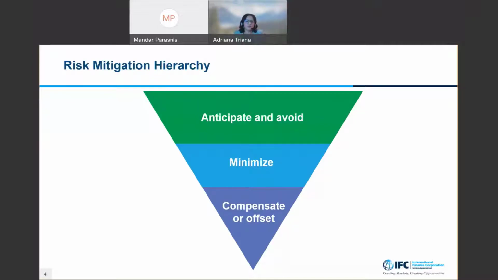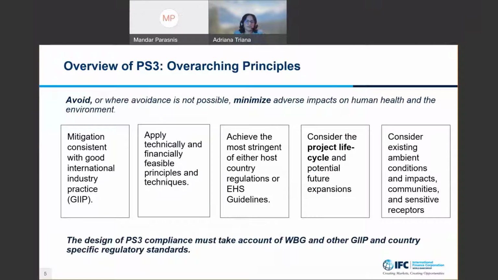Now, another important principle for Performance Standard 3 is the application of good international industry practice. In the next slides, I will discuss more about what it means. But it implies that projects are to be seen from the perspective of technical and financial feasibility, identifying the principles and techniques that are more adequate for this project in this context.